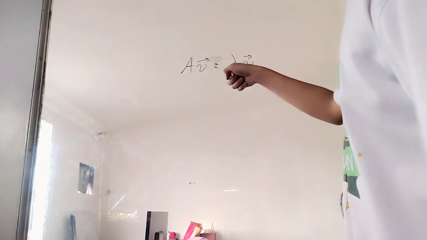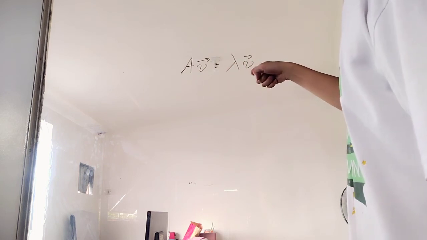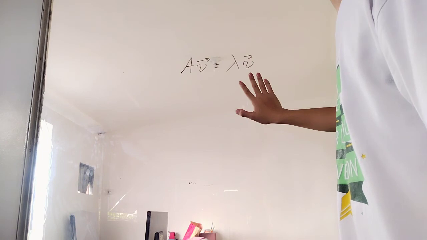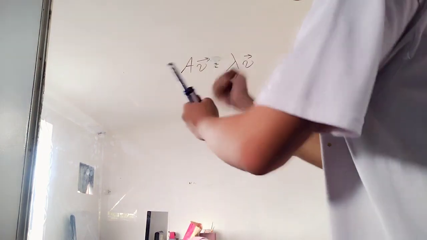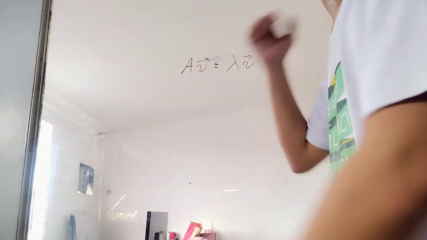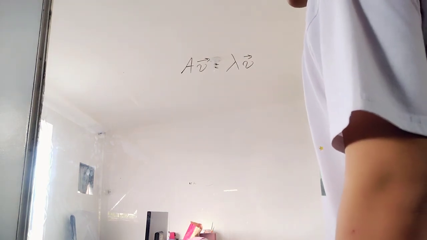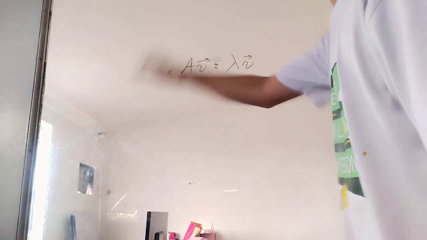Wherein lambda here is our eigenvalue and vector v is our eigenvector. This equation tells us which vectors don't change, so people within the system that don't change their positions when we apply a matrix.